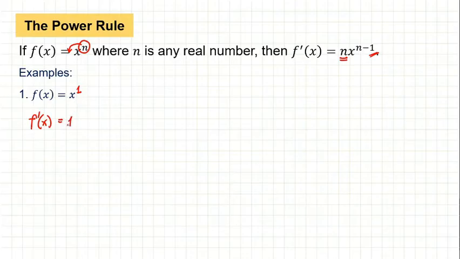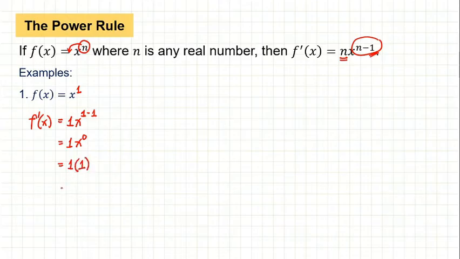So we have 1. Then we have x to the power of 1 minus 1. So we will always subtract 1 according to the rule here, right? So therefore, this will now be equal to 1, then x to the power of 0. And what is x to the 0? We know from our law of exponents that is equal to 1. Therefore, this will become 1 times 1.